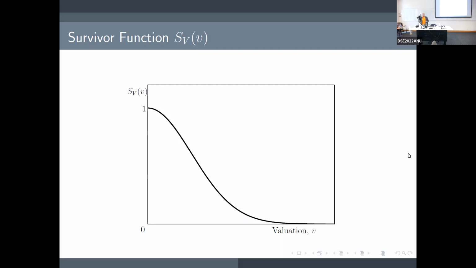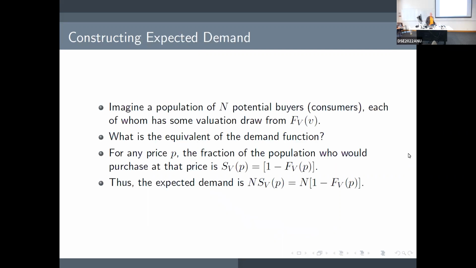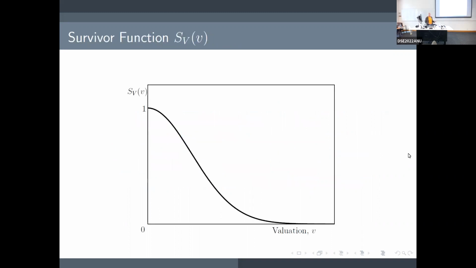Even if you were not going to have an auction and you wanted to choose the take it or leave it price, it's going to be derived from this object. So if you were going to sell non-fungible tokens on some crypto exchange, you need to know this object in order to price them, if you're not going to use an auction.